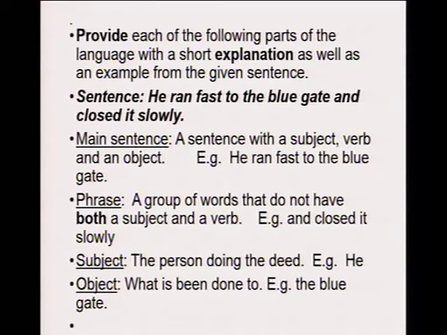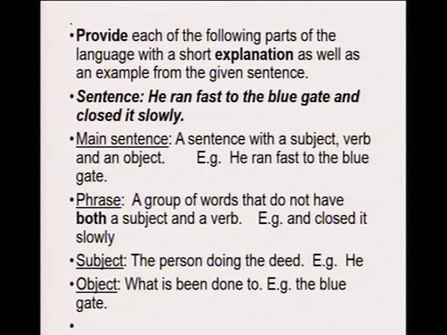Now, the next one I'm asking is the phrase. A phrase is a group of words that do not have both a subject and a verb. So either the subject can be left out or the verb can be left out. So now we had the main sentence, he ran fast to the blue gate, and what remains is, and closed it slowly.